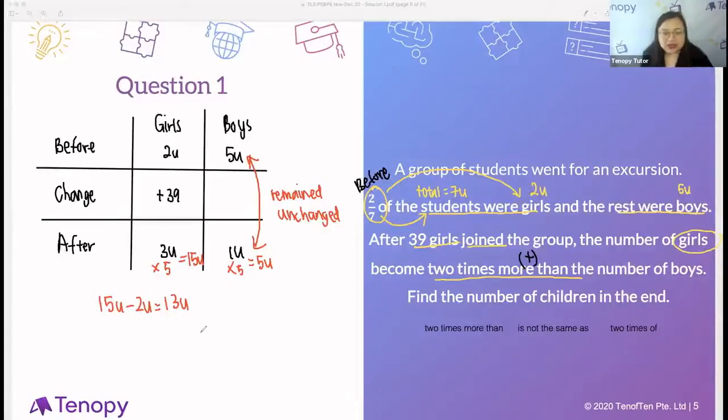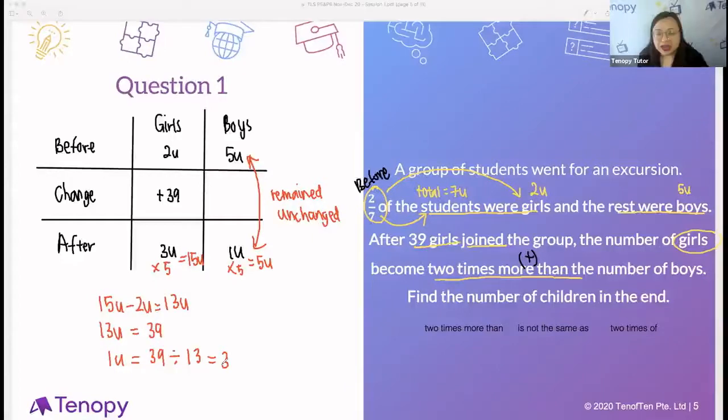This 13 units is the change, and these 13 units represent the 39 girls who joined. So what will be the value of 1 unit? Can anyone help me with that? If 13 units stands for 39, 1 unit will be, very good Haoshen, 39 divided by 13, you get 3. So now I got the value for 1 unit.